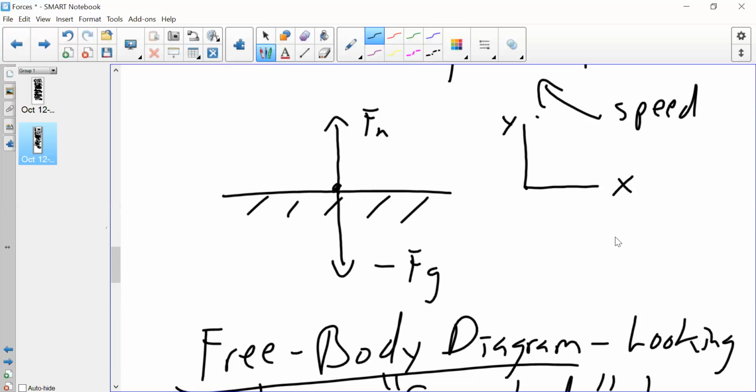If the table pushes up at 19.6, then the book pushes down on the table at 19.6, equal and opposite. And since they're equal, nothing moves. There's no net force. Now, if I came along and pushed down on the table, giving more force on the table, and if the table had a tendency to fold or something, then the table falls down.